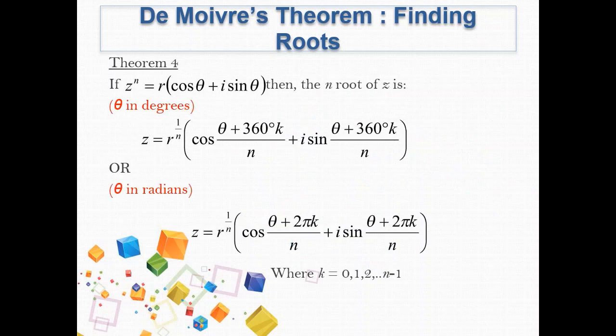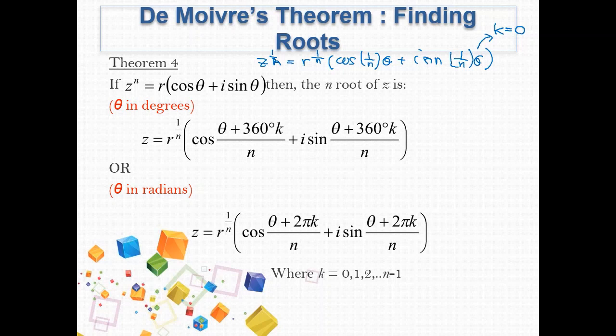Okay, from the previous equation, to find the roots for z to the power of 1 over n is equivalent to r to the power of 1 over n, and your cos of 1 over n times your theta, plus i sine of 1 over n times your theta. Okay, so in this case, your theta is for the static theta, which is k equal to 0.